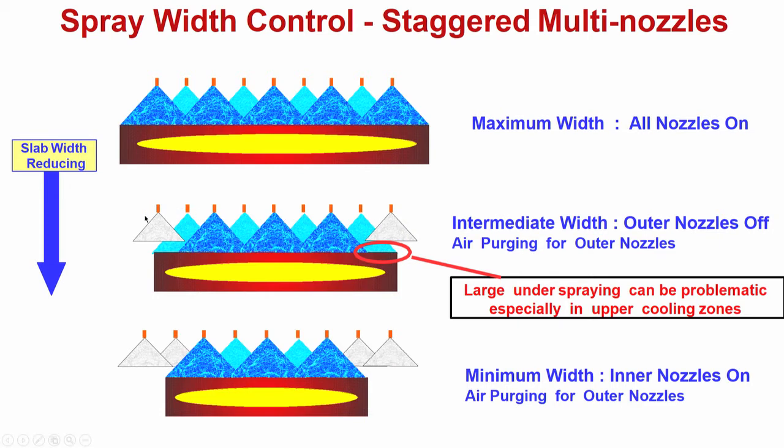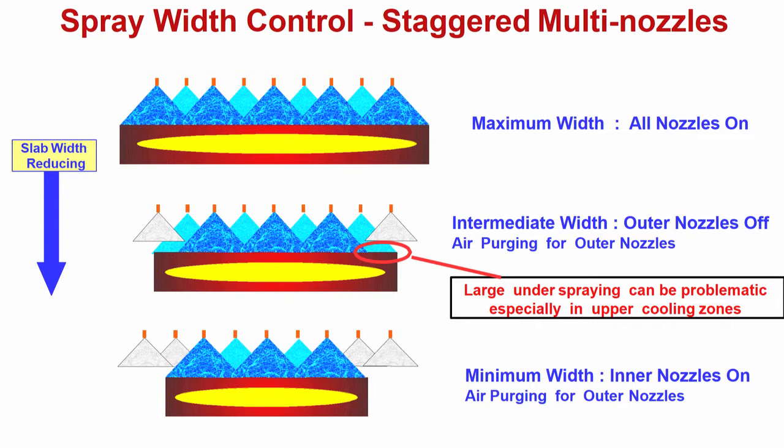First, because it is falling outside the width, beyond the broad surface. Number two, the whole water is getting distributed, so the relative amount of water here is less. So instead, these two outer nozzles should not be used when you are using a slab of intermediate width.